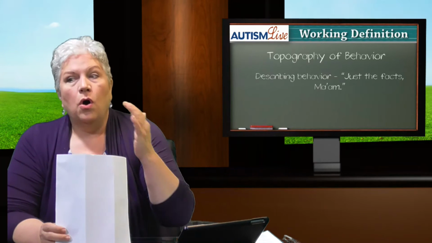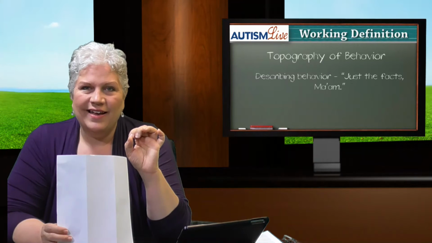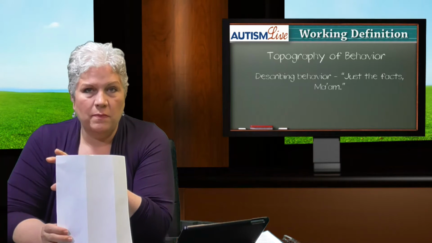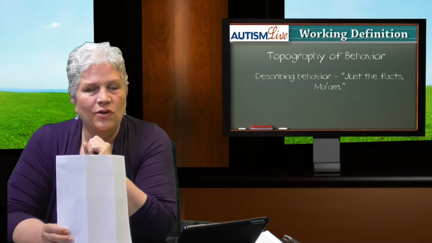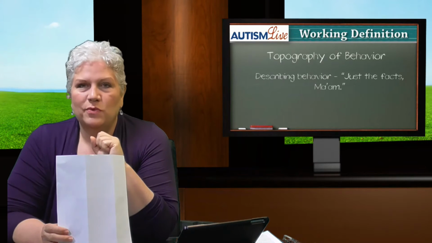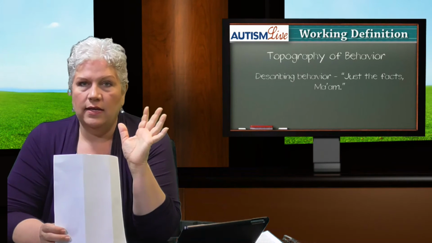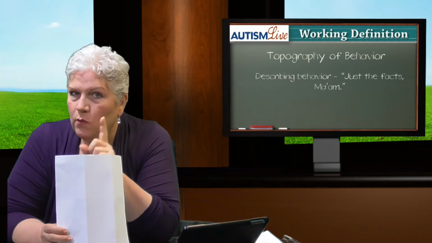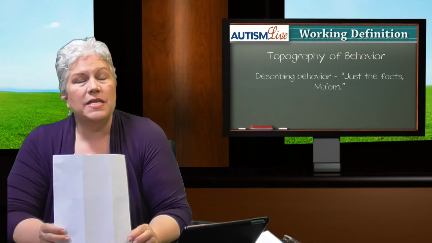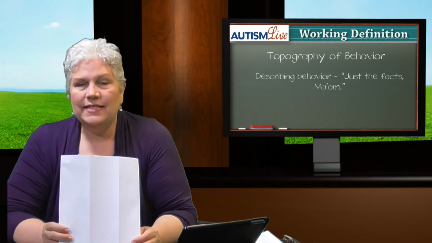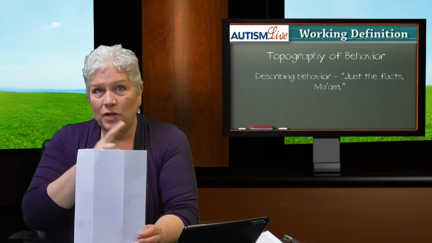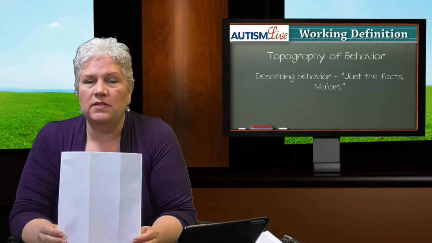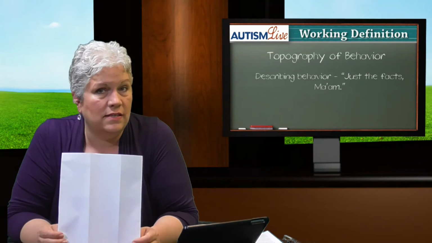Okay, well, eye contact to some people reads as respect, and a lack of it as disrespect, but is it necessarily? No. Eye contact reads to some people as paying attention, but is that what it really means with our kids on the spectrum? Not necessarily. He's not listening to me. Well, we do listen with our eyes, but just because someone isn't making eye contact doesn't mean that they're not listening and learning.